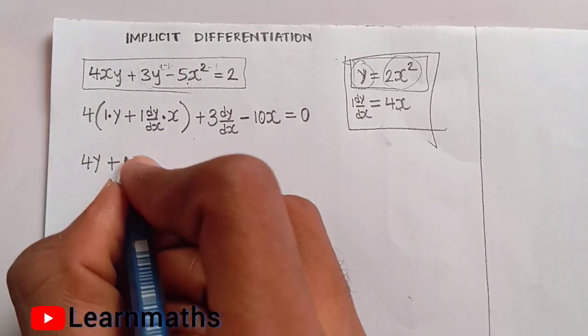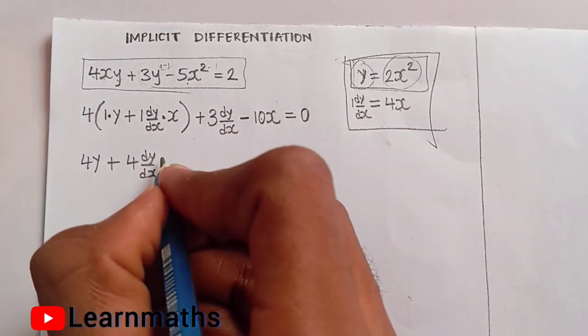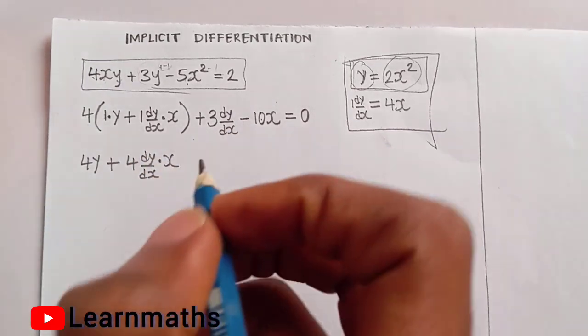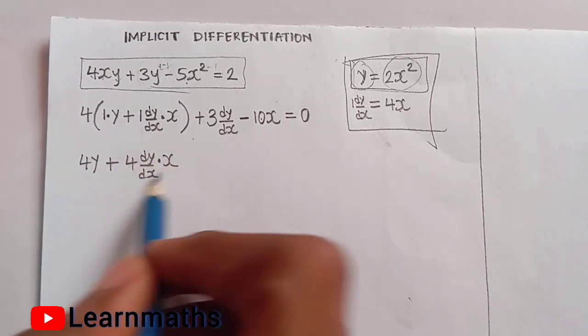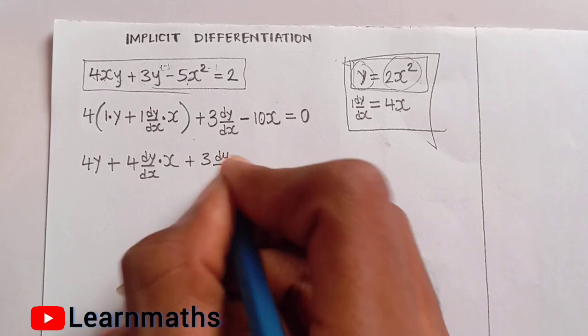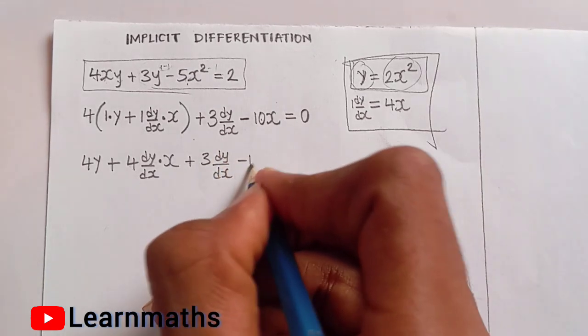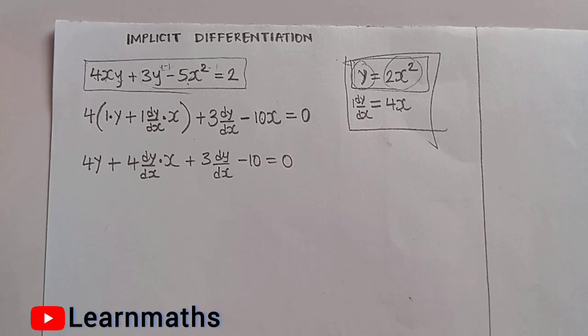Plus 4 dy dx multiplying x. You can rearrange this as 4x dy dx plus 3 dy dx minus 10 equal to 0. Now after opening this bracket, the next step is to collect like terms.